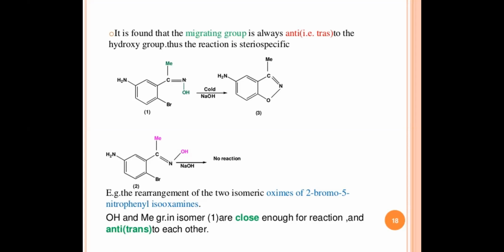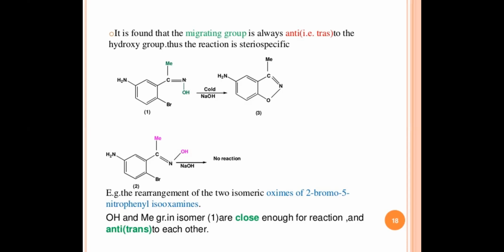So you get an OH, and if you take it in NaOH, in the first step, if there is a syn substitution, it will give you a benzisoxazole derivative. But if you try to do the same reaction in the trans form, the reaction will not occur.